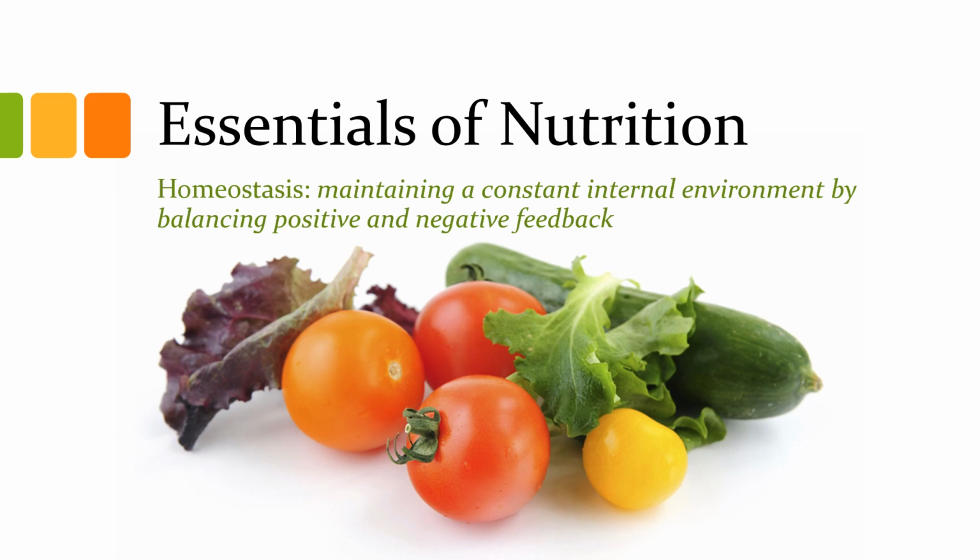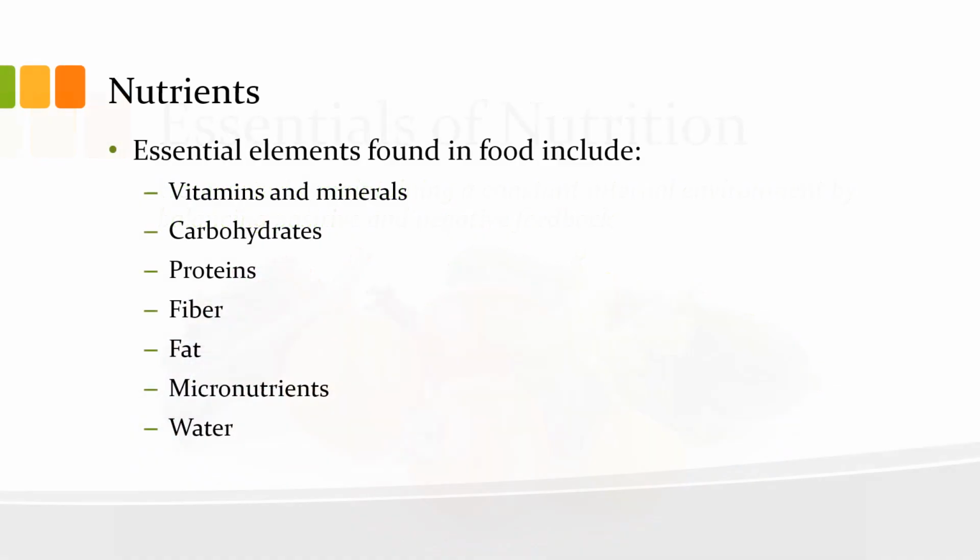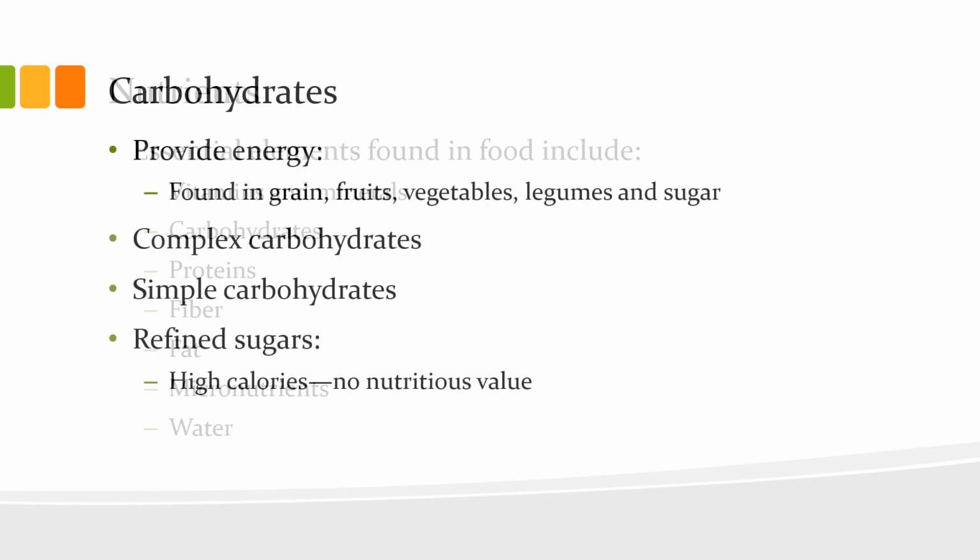A diet that includes all the nutrients in adequate amounts is going to help your body maintain this homeostasis. Essential nutrients that we're going to need that are found in food: vitamins and minerals, carbohydrates, proteins, fiber, fats, micronutrients, and water. We're going to look at these a little more closely.